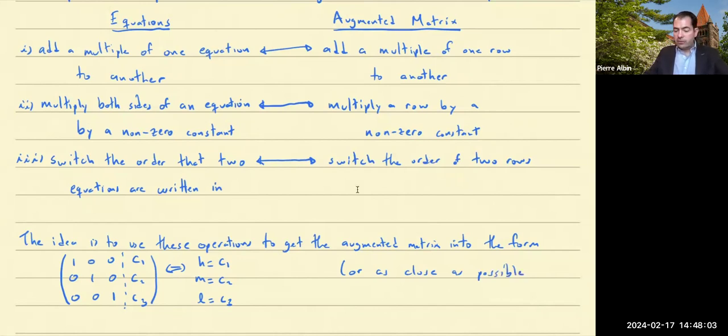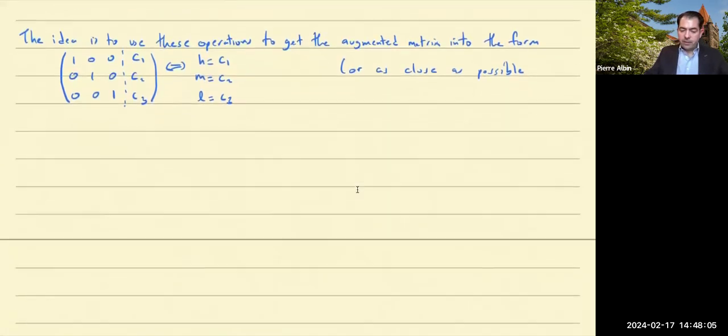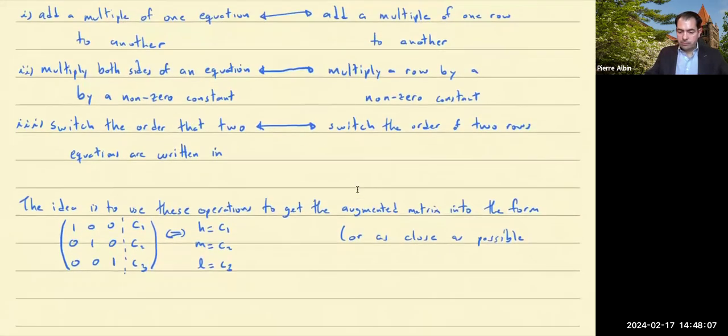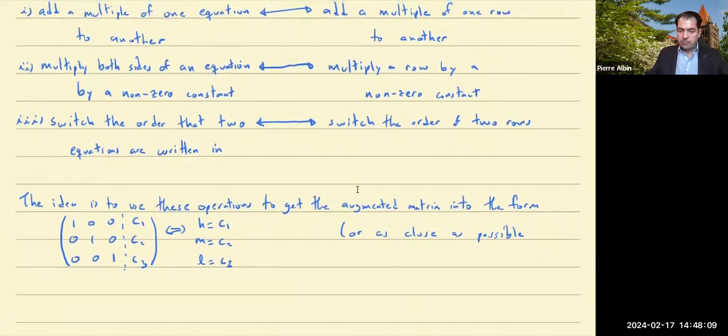Okay, so let's carry this out in this example. In this case, we start out with first column 3, 2, 1, then 2, 3, 2, sorry, and then 1, 1, 3.